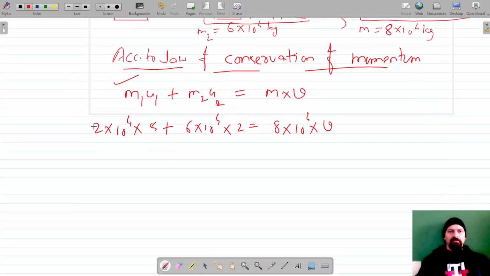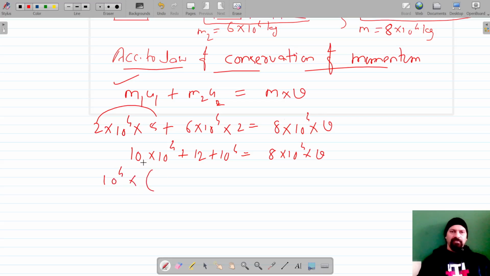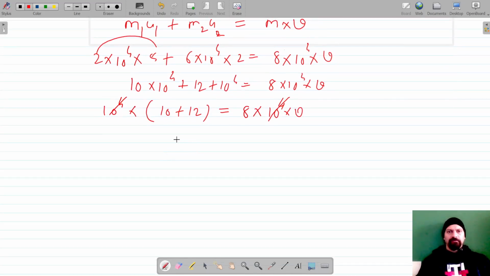We have to find V. So 2 into 5 is 10, so this is 10 × 10^4 kg plus 6 into 2 is 12 × 10^4. This equals 8 × 10^4 into V. Here 10^4 is common, so 10 plus 12 is equal to 8 into V. This gets cancelled, so V is equal to 22 by 8, which is 11 by 4, and that is equal to 2.75 meters per second.